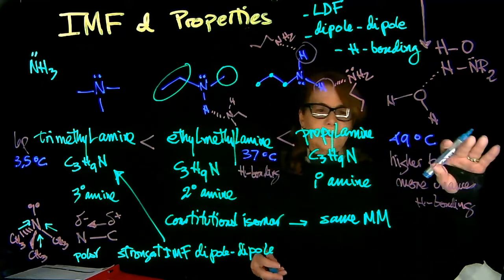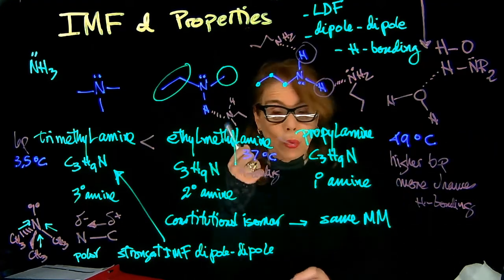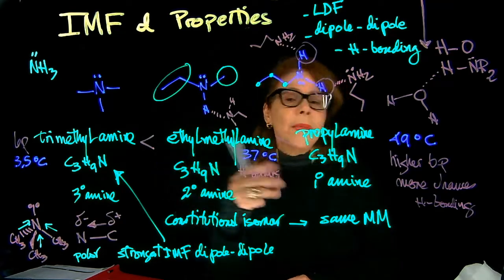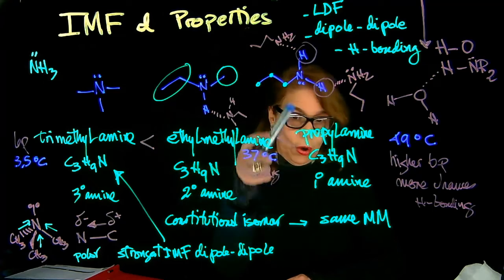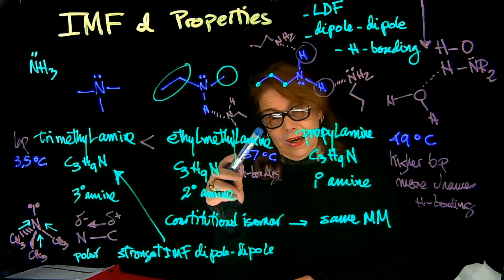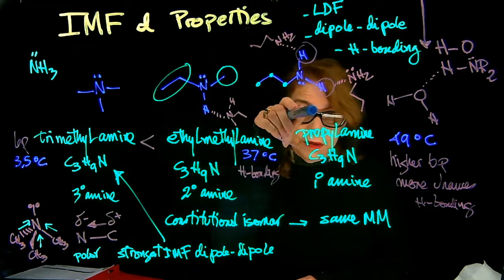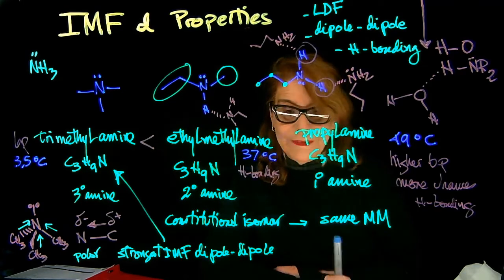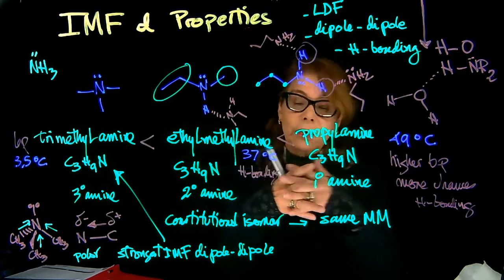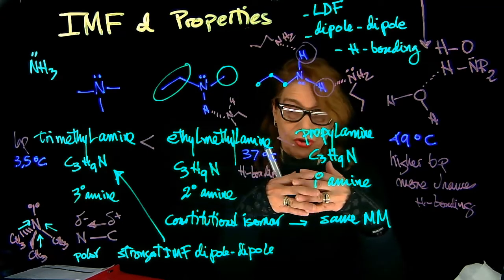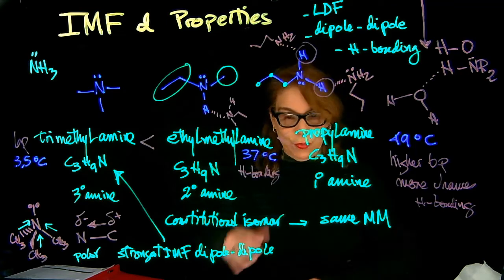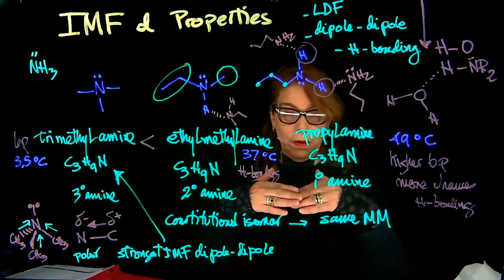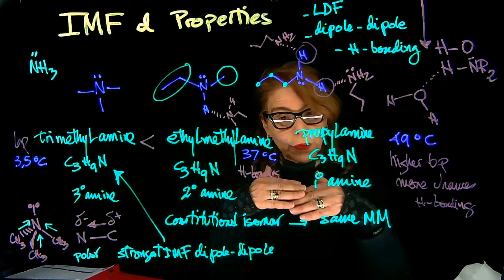So notice that it's increasing. As we have said, we have the same mass, and all of them are amines, but as we increase the chances for other, stronger intermolecular forces, so hydrogen bonding, and even more chances to do that, the interaction between molecules is stronger. So I need to put in more energy to break those and go from the liquid phase to the gas phase.